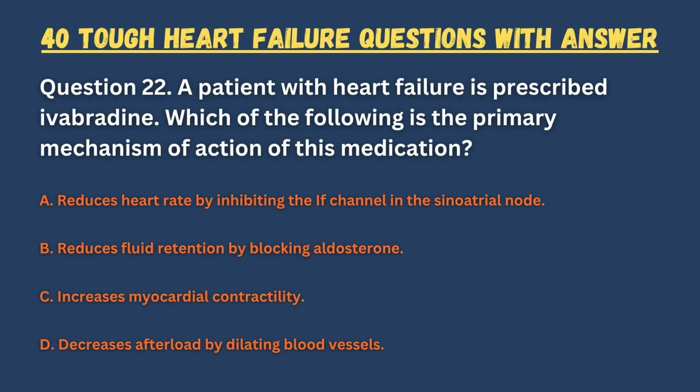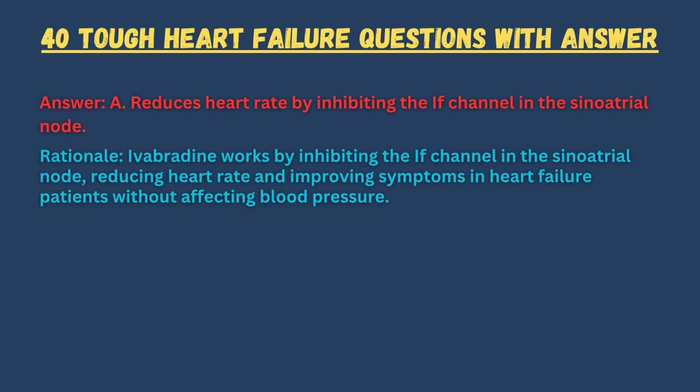D. Decreases afterload by dilating blood vessels. Answer: A. Reduces heart rate by inhibiting the F channel in the sinoatrial node. Rationale: Ivabradine works by inhibiting the F channel in the sinoatrial node, reducing heart rate and improving symptoms in heart failure patients without affecting blood pressure.